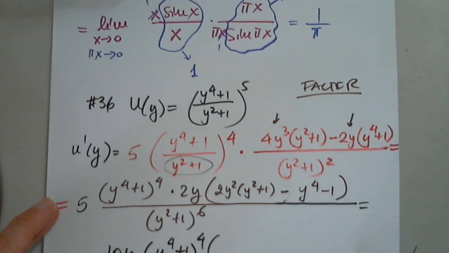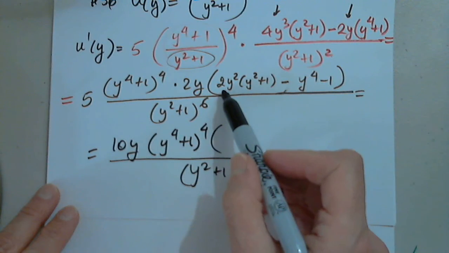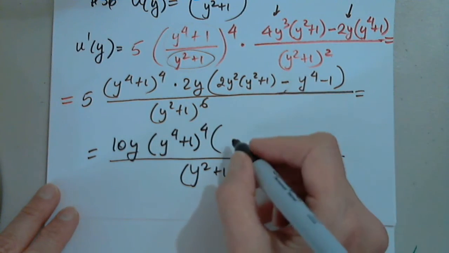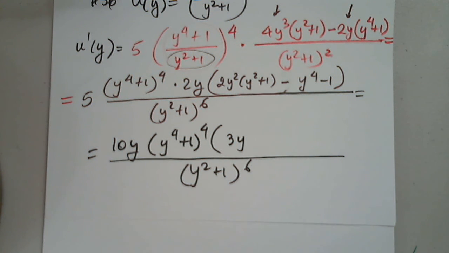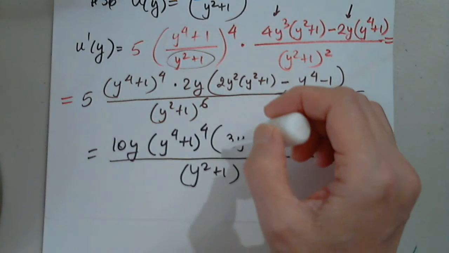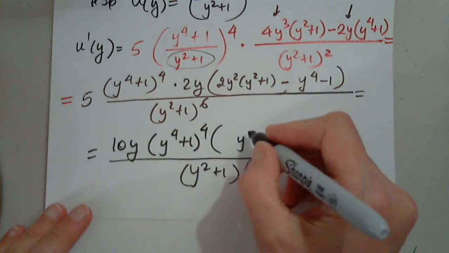And 2y to the fourth minus y to the fourth is 3. I'm sorry. See, I'm trying to do too many steps at once, and I shouldn't. So 2y to the fourth minus y to the fourth is y to the fourth.